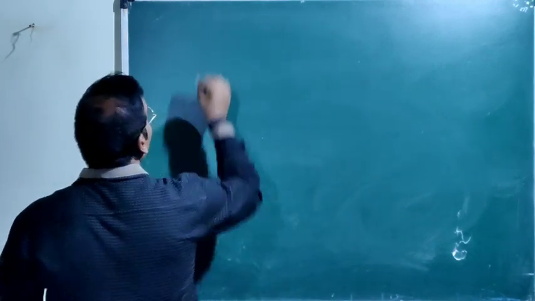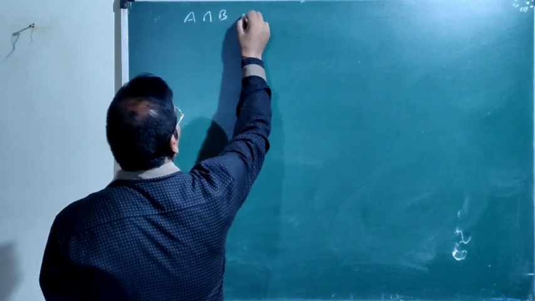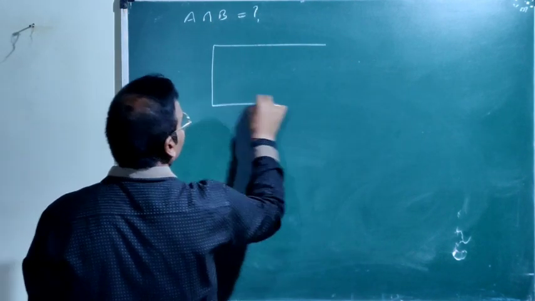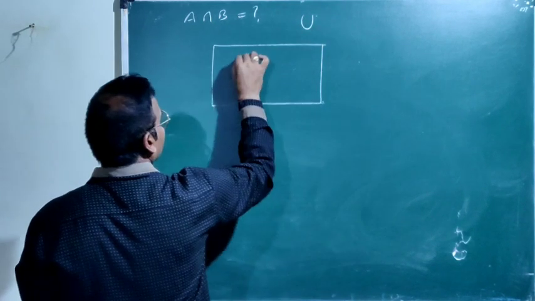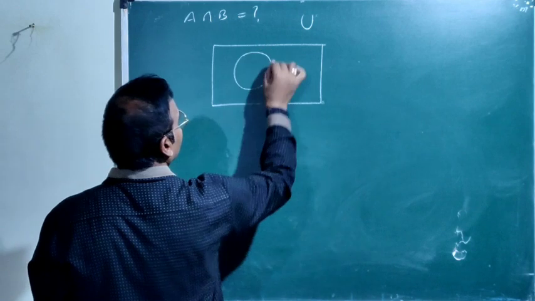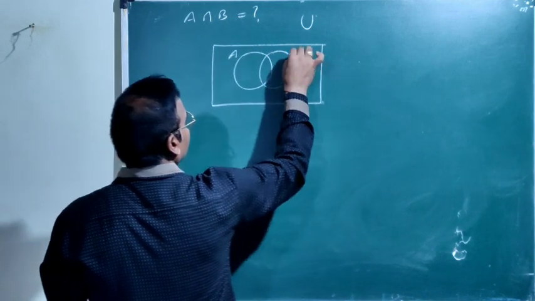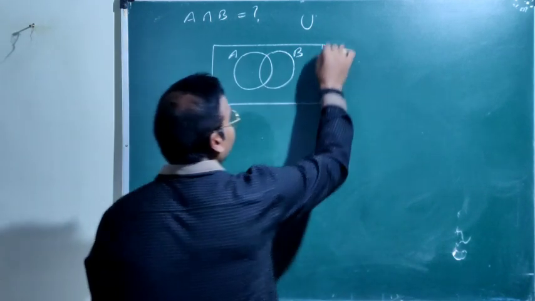Now A intersection B. The two sets are subsets of U. This is U, the universal set.